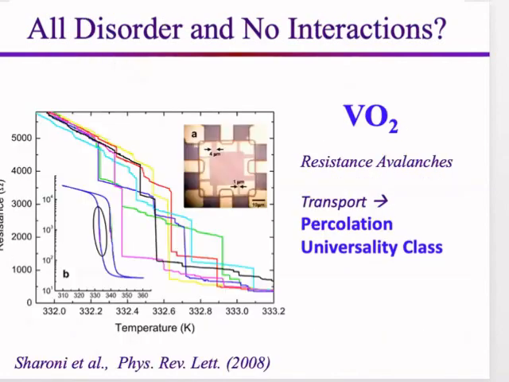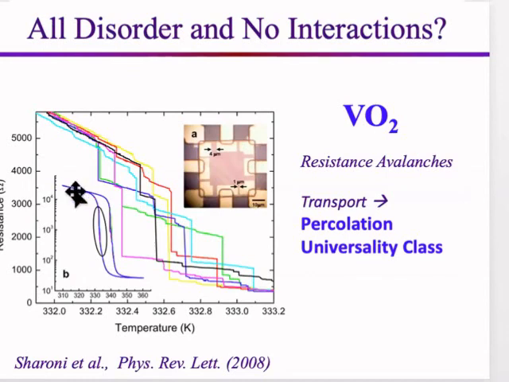And then we have sort of the opposite claim in the literature. This is now VO2 directly. This is work by Shironi et al. Looking at, again, transport. And here they're studying small regions, okay? So they're taking macroscopic transport, but on small samples.